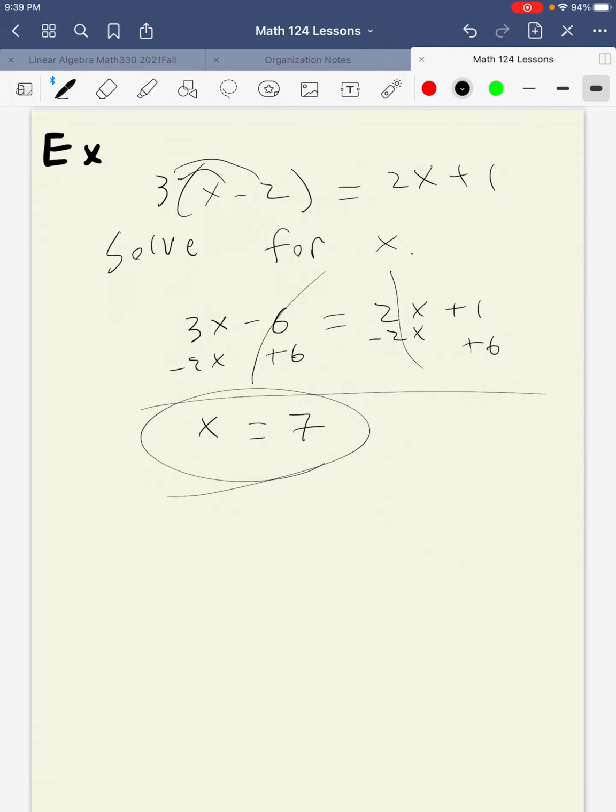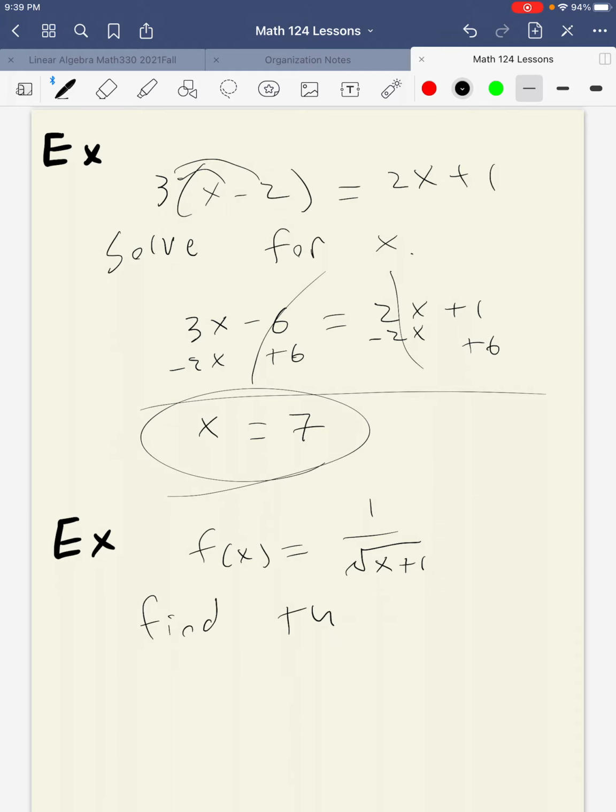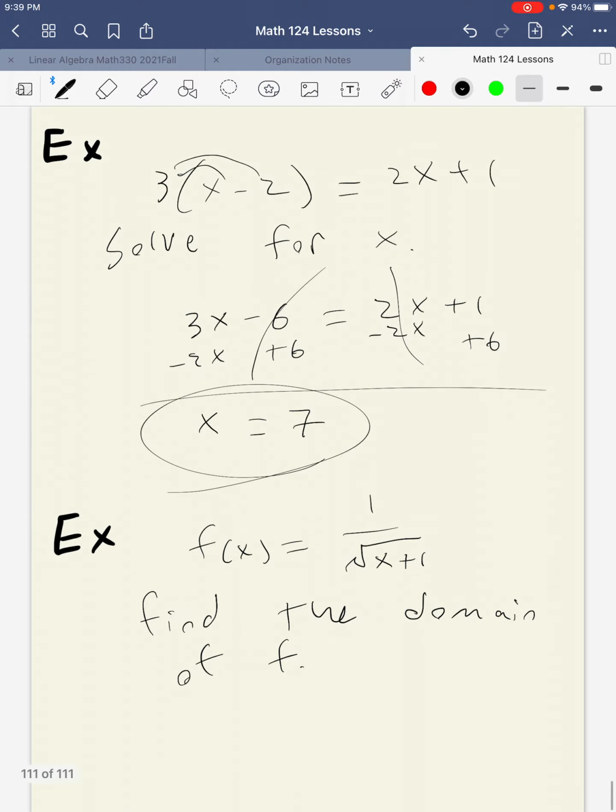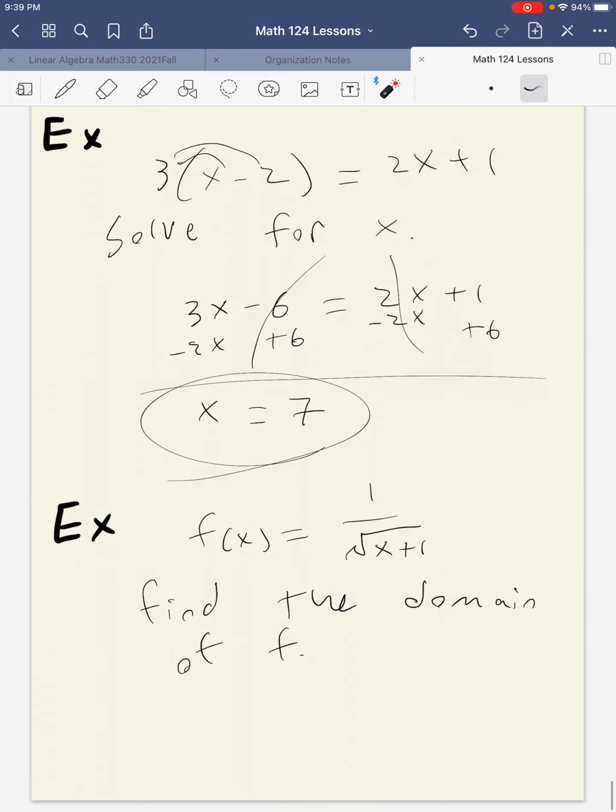The next thing I wish you will be comfortable with is finding the domain of a function. So let's be given a function f of x is 1 over the square root of x plus 1. And let's find the domain of f. Remember domains, I gave you a few rules.